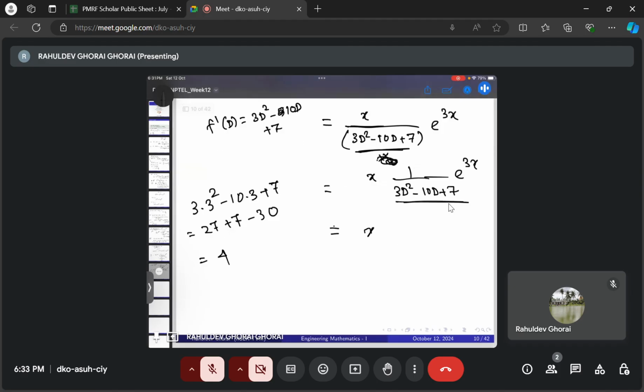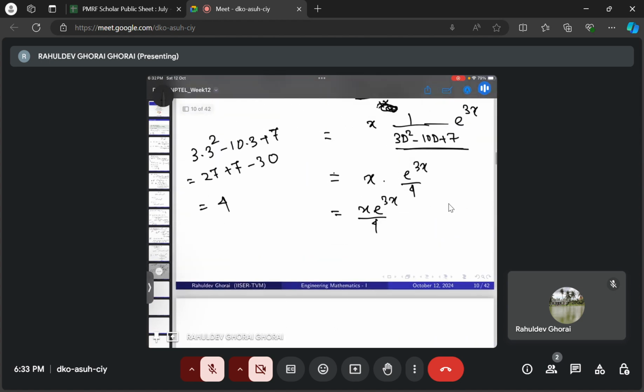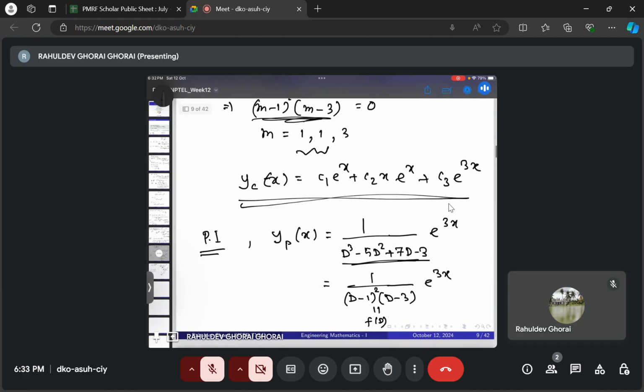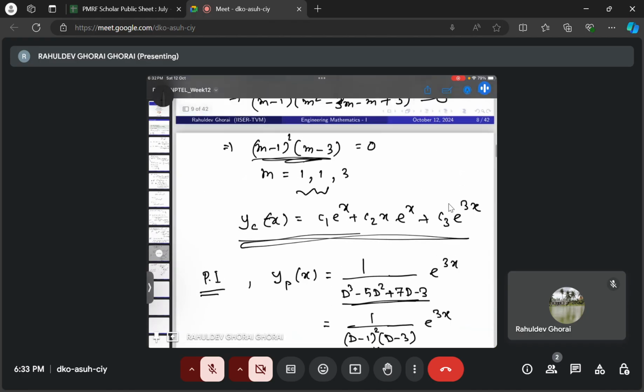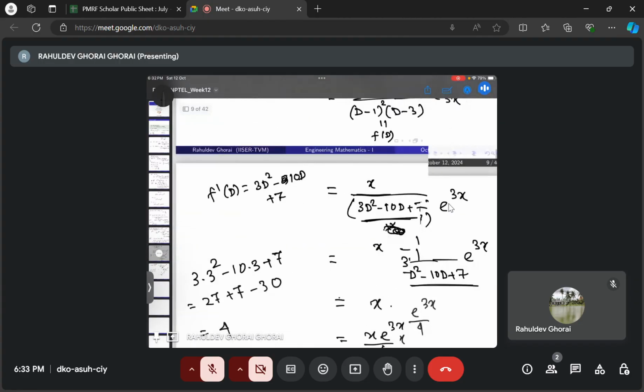So it will be x times e to the power 3x over 4. So your particular integral is y_p(x) equal to x e to the power 3x over 4, and you had this y_c, which is the complementary solution, the solution for the homogeneous equation.